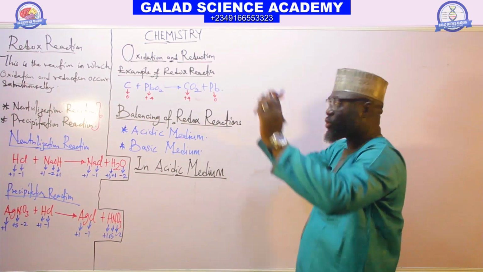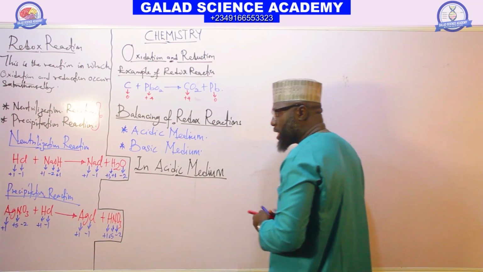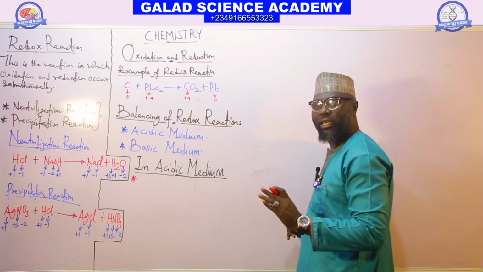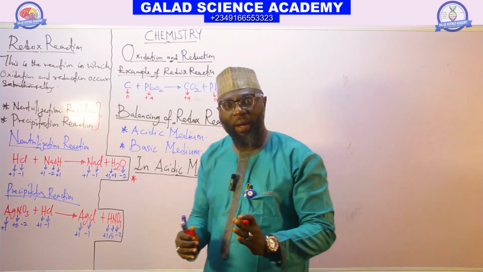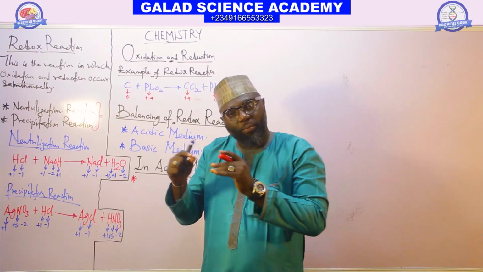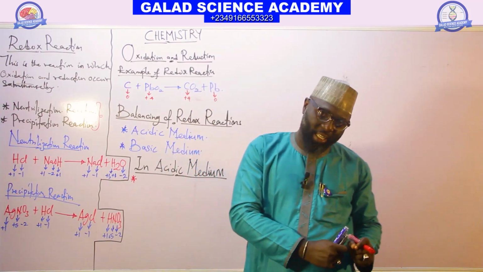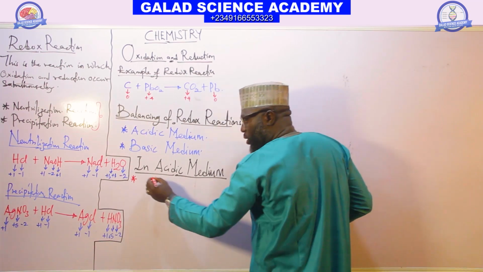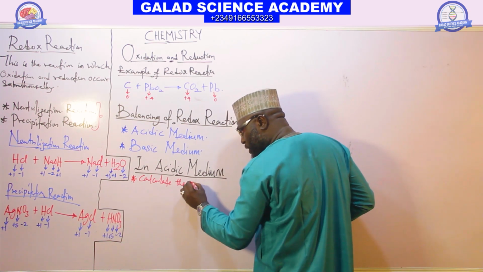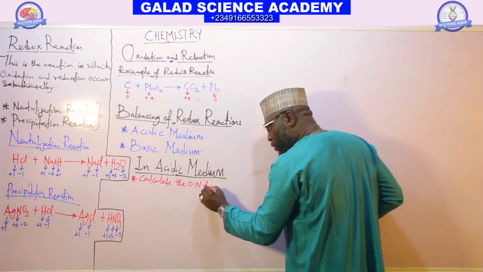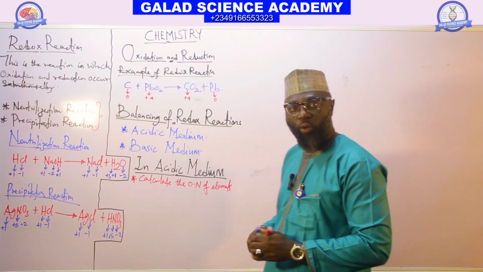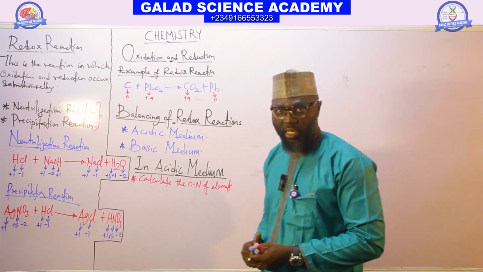So my first rule for this is: first of all, calculate the oxidation number of each element we have in the reactant site and the product site.